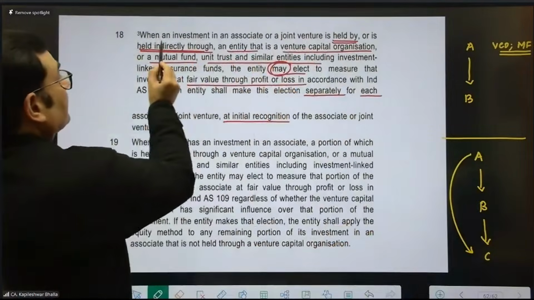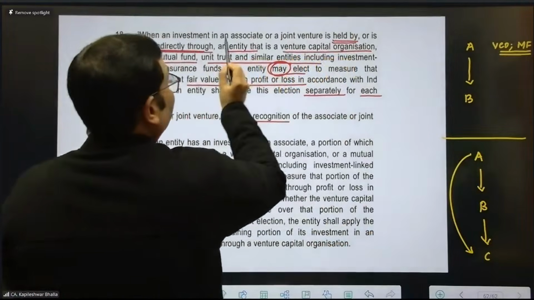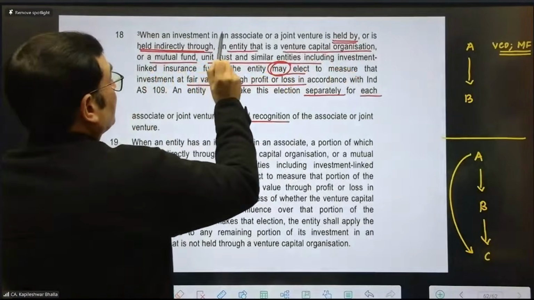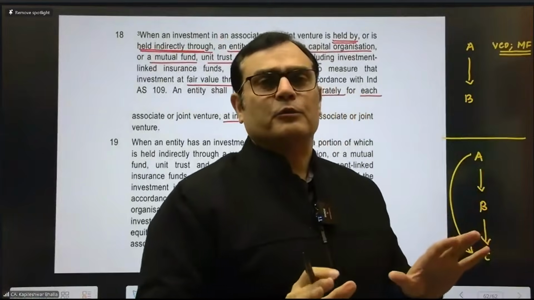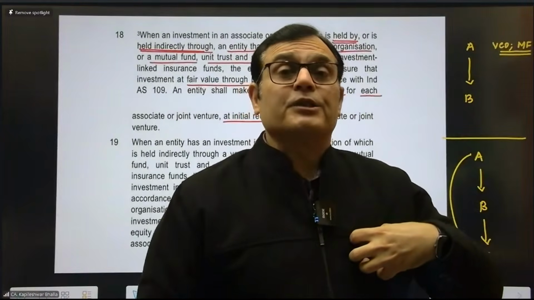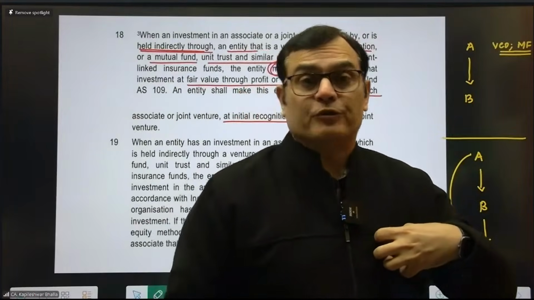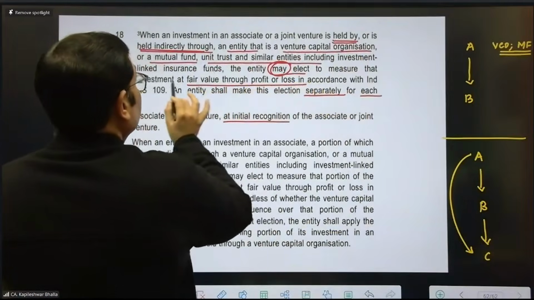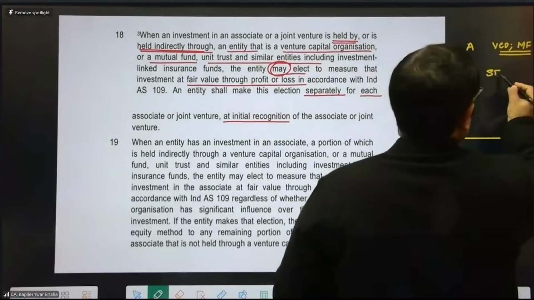That's what it says. When an investment in an associate or JV is held by an entity that is a VCO or a mutual fund, unit trust, etc. So let's take it as VCO, venture capital and mutual fund. So as an investor, my company is a venture capital organization. My company is a mutual fund or a unit trust. It says the entity may elect to measure that investment at FVTPL. Now let's say A has got a significant influence over B.